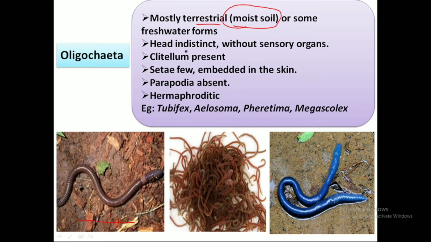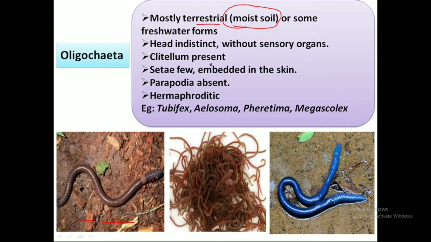earthworm. So, the head is indistinct, it is not easy to recognize the head from the rest of the body, and they do not have any sensory organs. Clitellum is present, as we have discussed in the case of the earthworm.